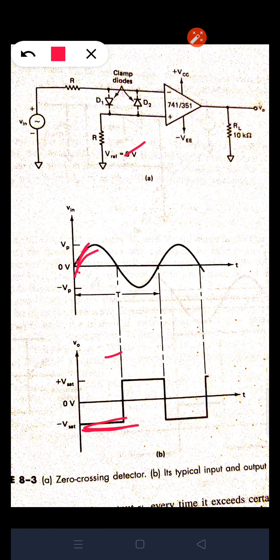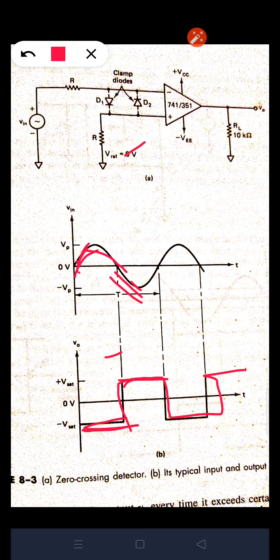Conversely, when Vin passes through 0 in the negative direction, the output V0 switches and saturates positively, and it repeats. In this way we can study the zero crossing detector.